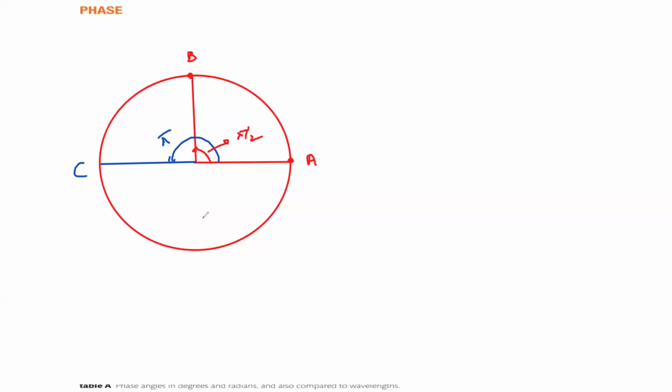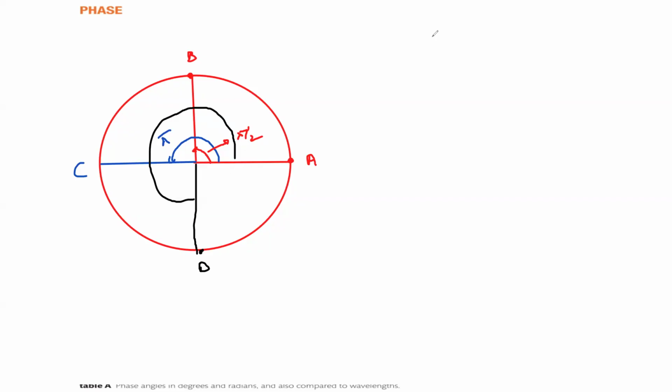If an object moved from position A to D, how much has the angle changed from A to D? 270, or in terms of radian, how much?